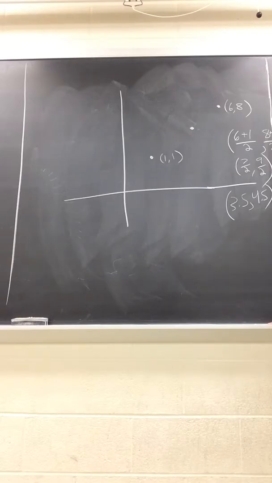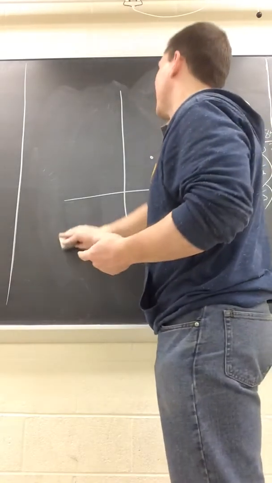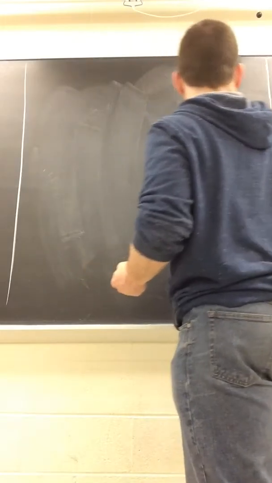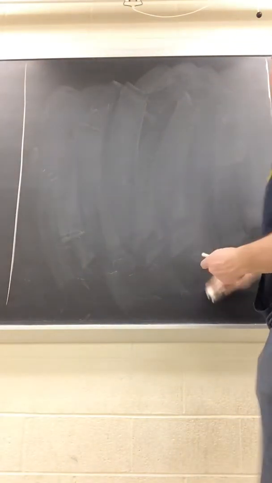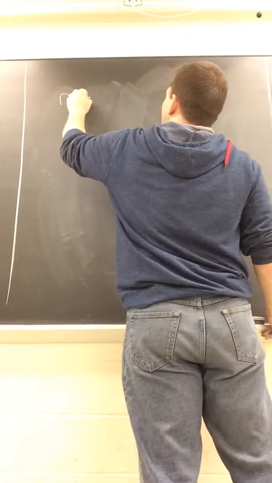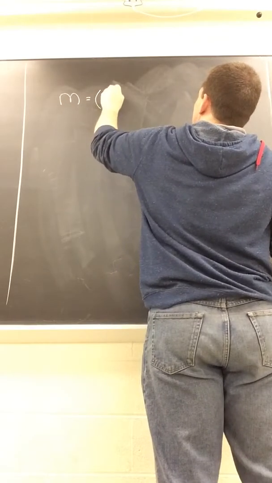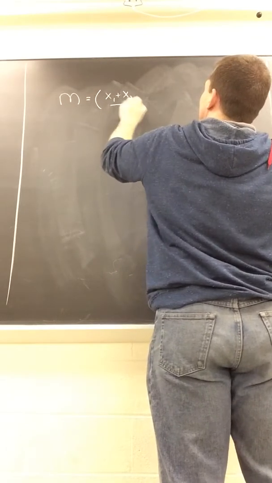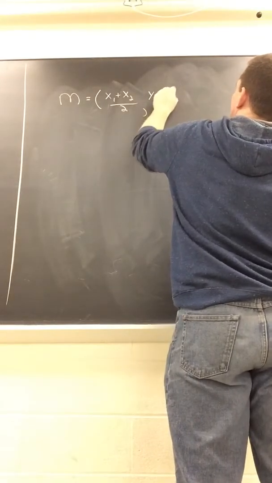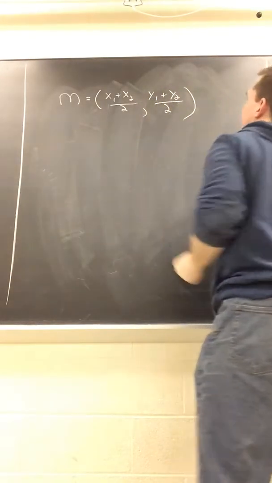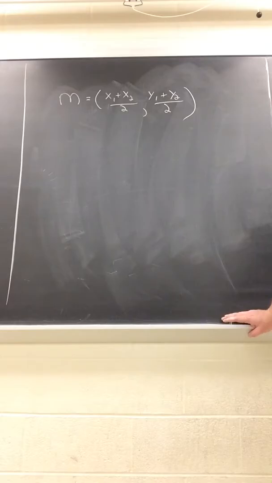Average them all out. The actual formula for it, the midpoint between 2 points, is x1 plus x2 over 2, y1 plus y2 over 2, which is, again, exactly what we just did to find our average.